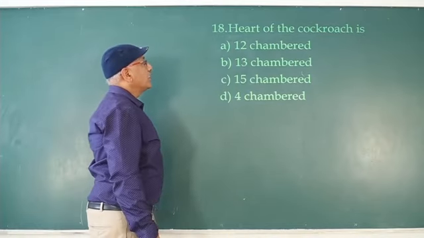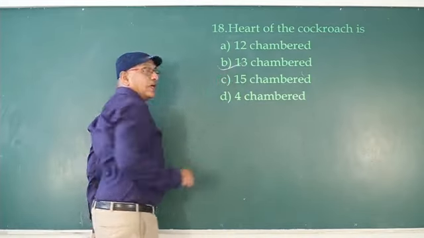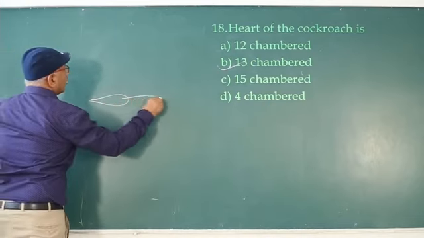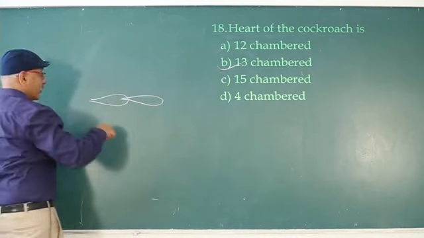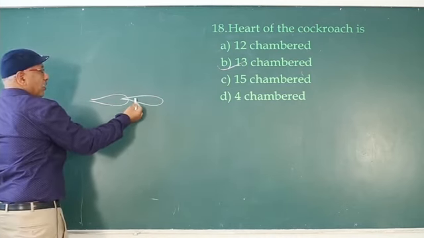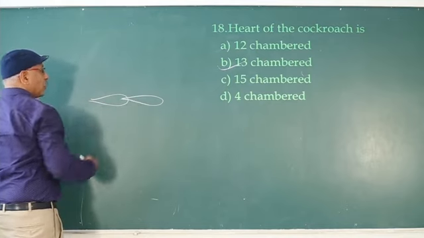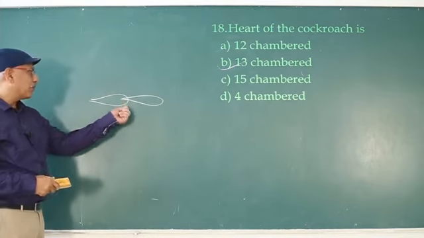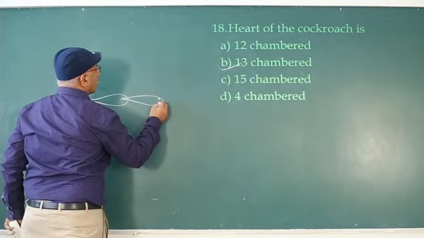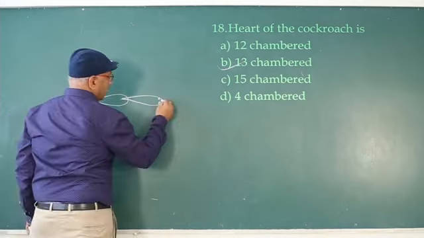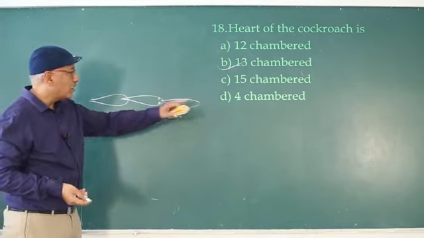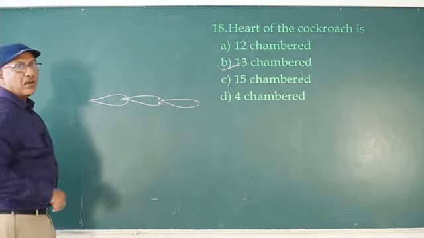Heart of the cockroach is 13 chambered. We already discussed. The posterior part of a chamber is broad, the anterior part is narrow. The anterior part of a chamber of the heart opens into the posterior part of the chamber present in the preceding segment, and the posterior part of each chamber contains a pair of openings known as ostia, but ostia are absent in the last chamber.